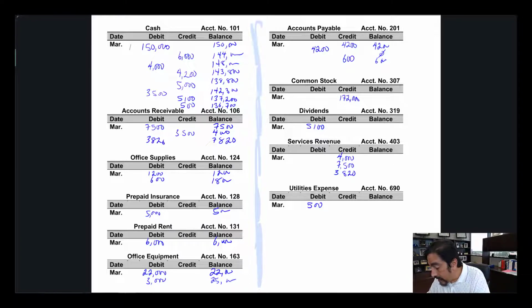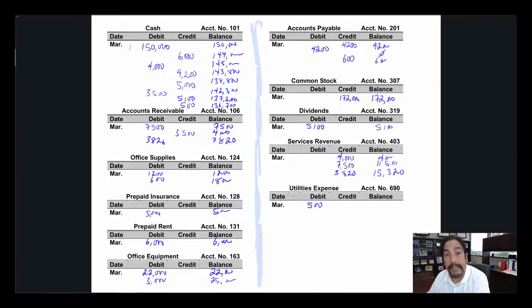So common stock has a normal credit balance. So that means 172,000. And dividends have a normal debit balance, so we're going to put 5,100 there. Service revenue has a credit balance, so it's 4,000, and it goes up to 11,500, and then it goes up to 15,320.